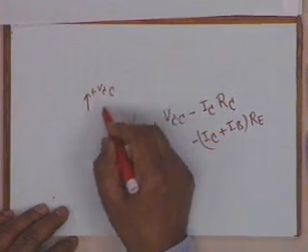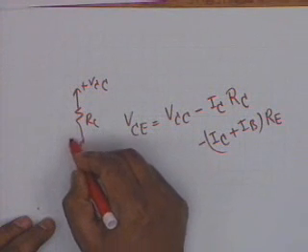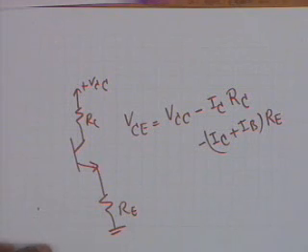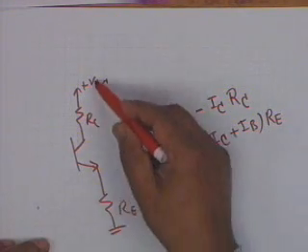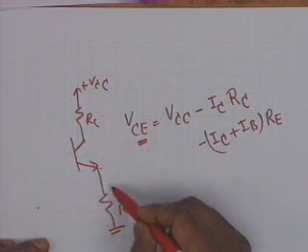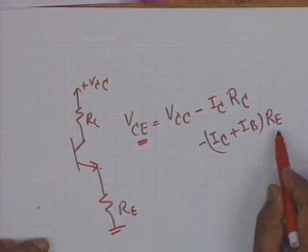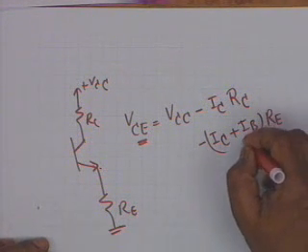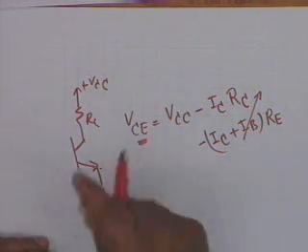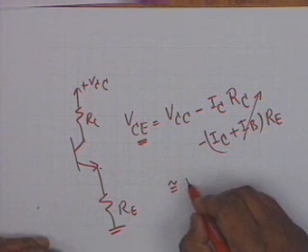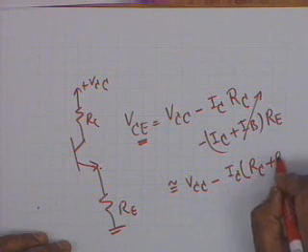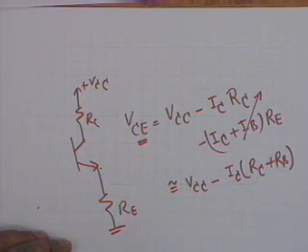This is VCC, you have RC, the transistor, then you have RE. So VCC is equal to IC RC plus VCE plus IC plus IB times RE. Usually IB is very much small compared to I sub C, beta times less, and therefore this is approximately VCC minus I sub C times RC plus RE.